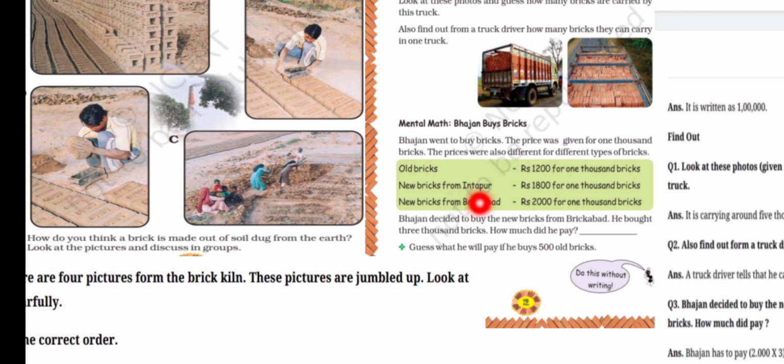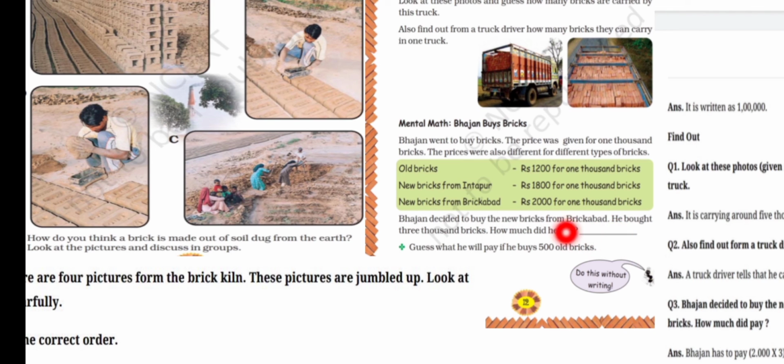New bricks from Itapur: rupees 1800 for 1,000 bricks. New bricks from Brikabad: rupees 2,000 for 1,000 bricks. Bhajan decided to buy the new bricks from Brikabad.